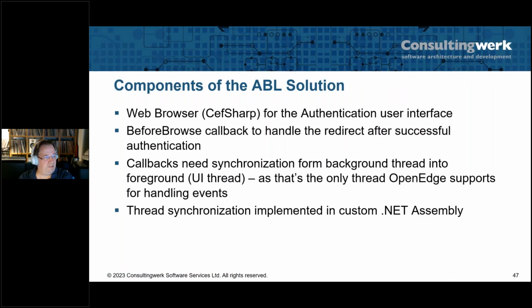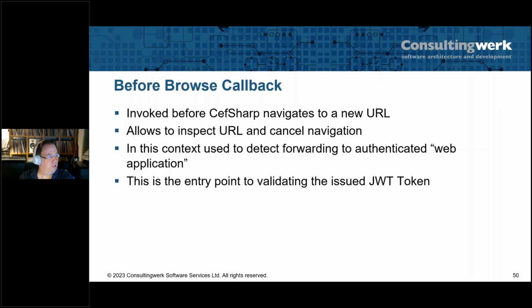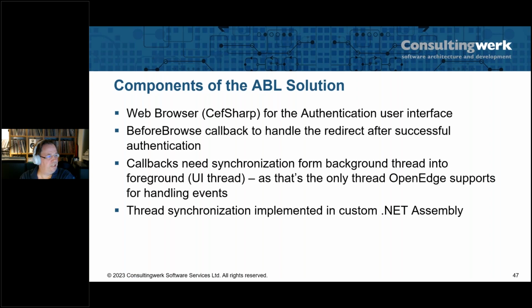So we use that for this authentication user interface, and when the Office 365 authentication flow is done, Office 365 actually tells the browser component through a redirect instruction to navigate to another web page. This is a web page which we're not using, because once we know we're being navigated, we redirect it to another web page when we know we had a successful authentication.